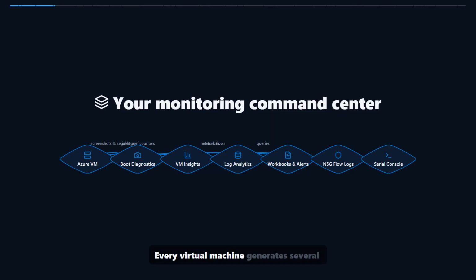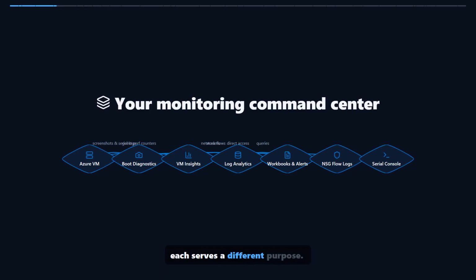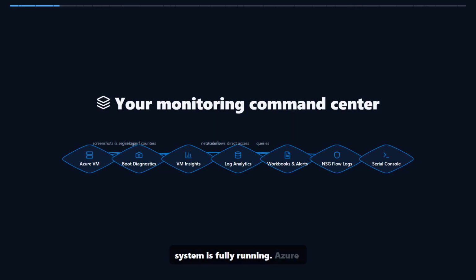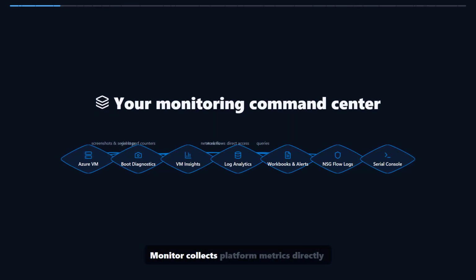Every virtual machine generates several different types of information, and each serves a different purpose. Boot diagnostics captures screenshots and serial logs before the operating system is fully running. Azure Monitor collects platform metrics directly from Azure, such as CPU utilization, network throughput, and VM availability.